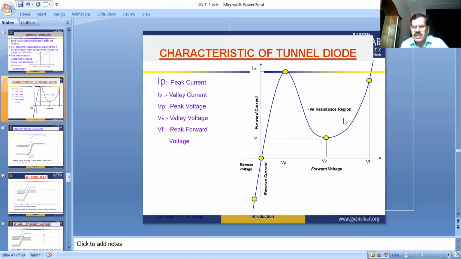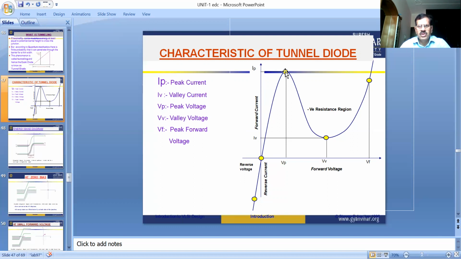This is the valley point, and with respect to the valley point voltage, the current is the valley current, and this is the peak voltage. The current with respect to this point is IP, the peak current. So IP is the peak current, IV is the valley current, VP is the peak voltage, VV is the valley voltage, and VF is the peak forward voltage.